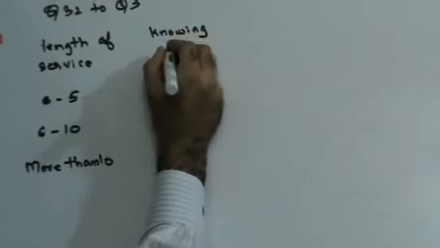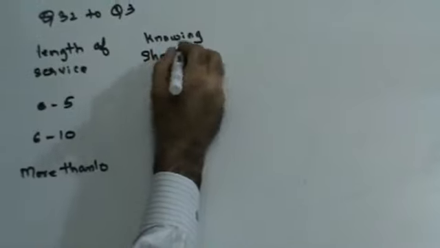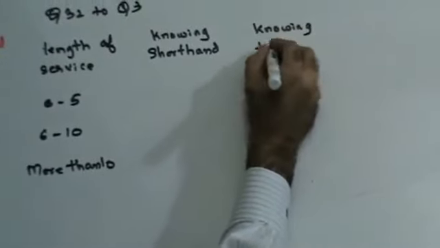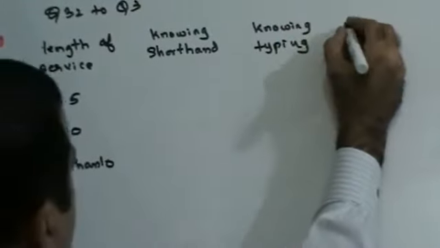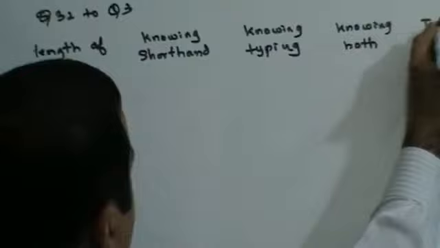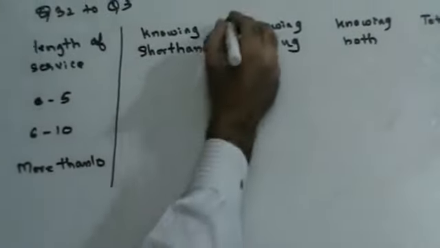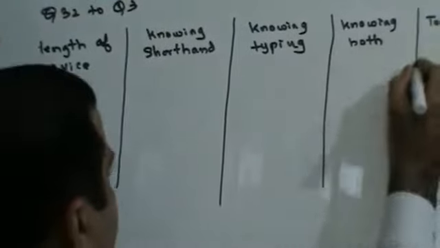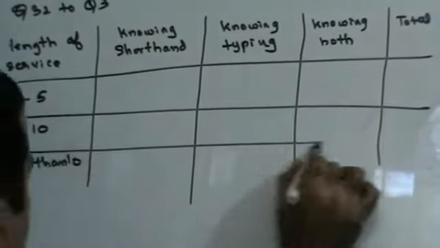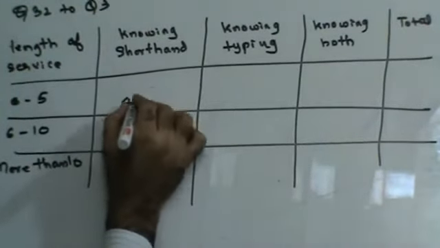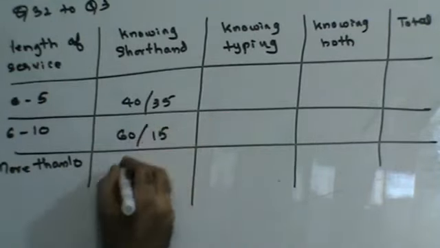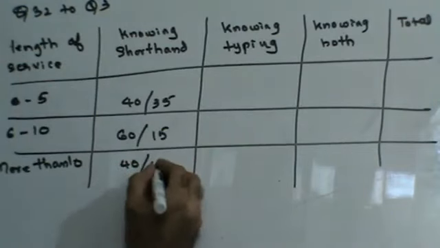Knowing shorthand, knowing typing, knowing both, and total. The values are 40/35, 60/15, 40/40.